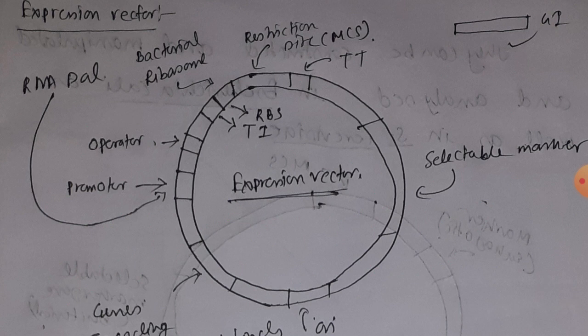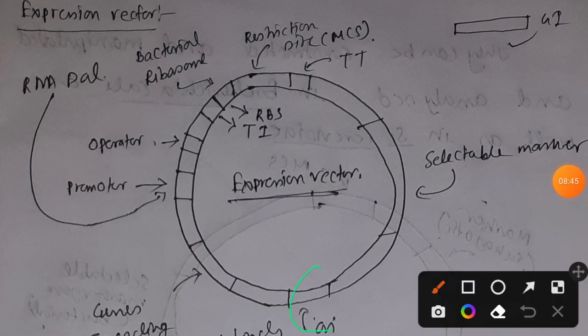Now let's talk about the second fate. Let's say the origin of replication works properly, promoter works properly, operator works properly. Now the gene of interest gets transcribed into RNA, right? We all know that in eukaryotes there are two types of sequences. One is exon, the coding part, and another is intron, the non-coding part.